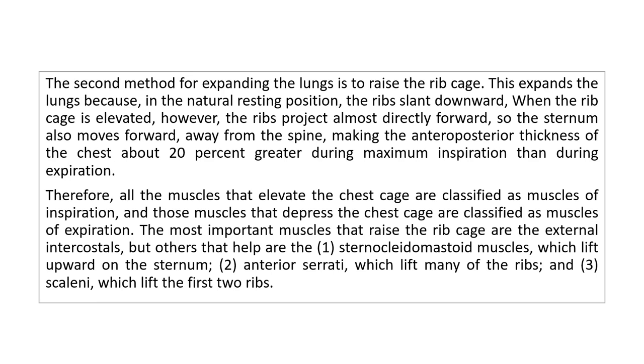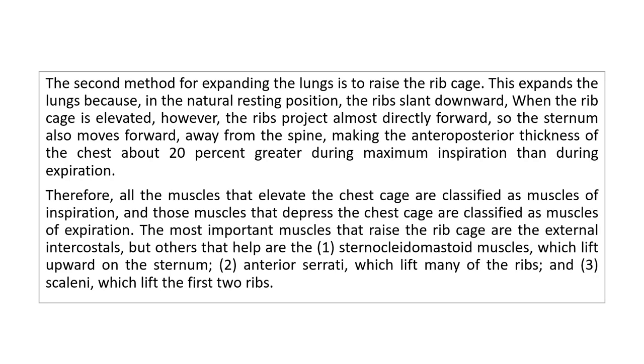The second method of expanding the lungs is to raise the rib cage. This expands the lungs because in the natural resting position, the ribs slant downward. When the rib cage is elevated, however, the ribs project almost directly forward.